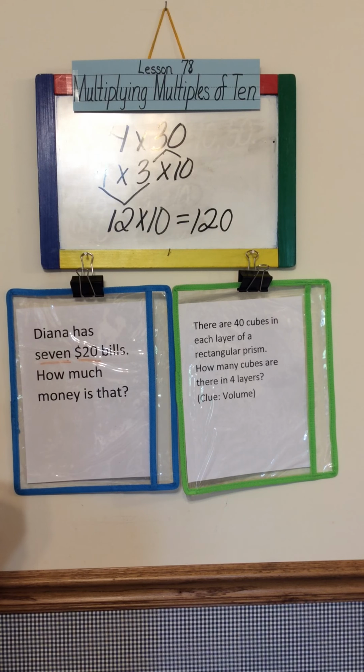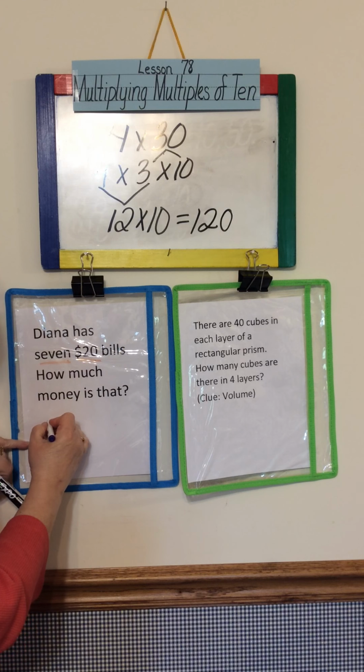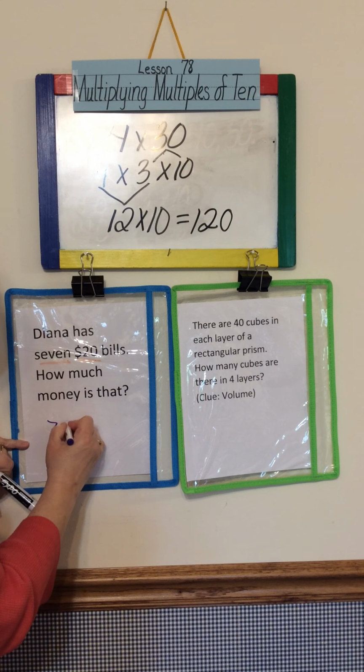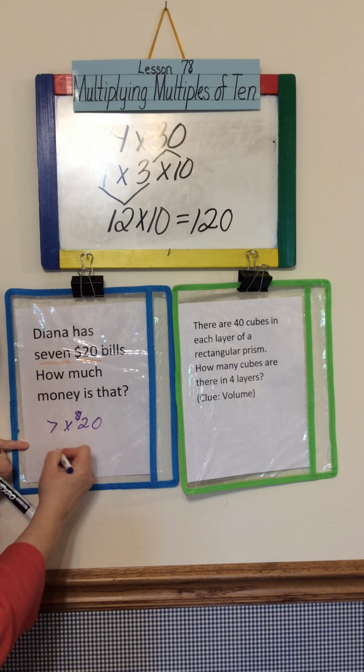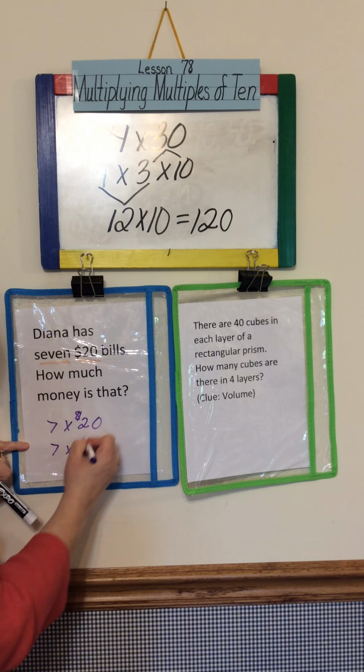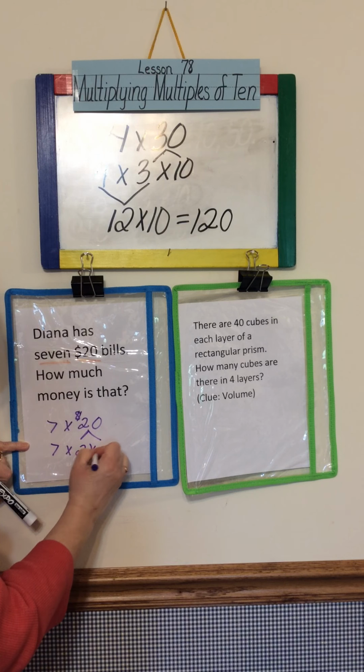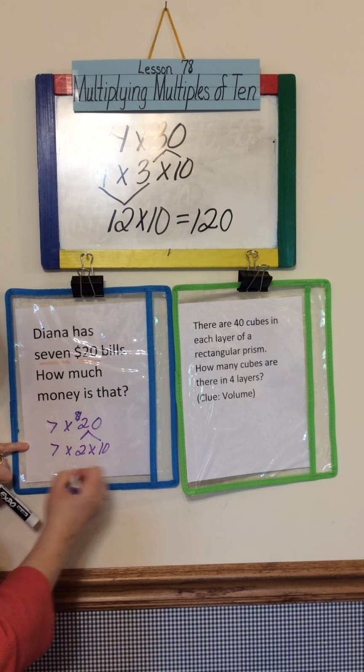We need to multiply. So 7 times $20 can be broken up into 7 times, and then break up the 20 into 2 times 10.